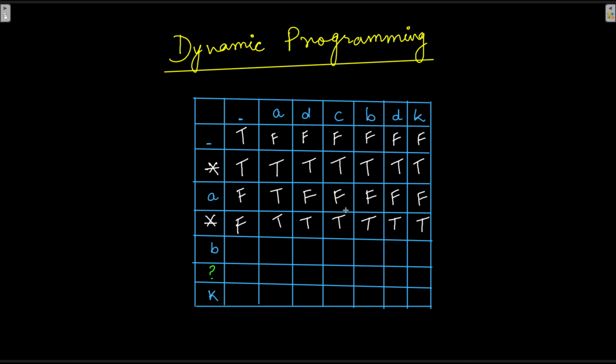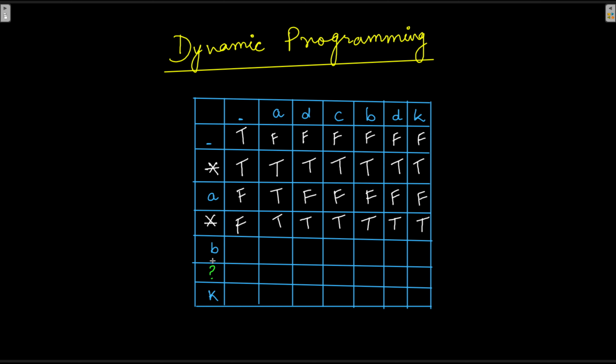If that column says T, as well as we check the previous column in the same row, if that says T. So if any of these two values is T, then we can write T here. So there is an OR relation between the previous row, same column, and the previous column, same row.